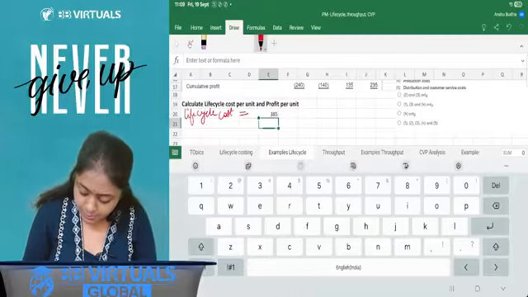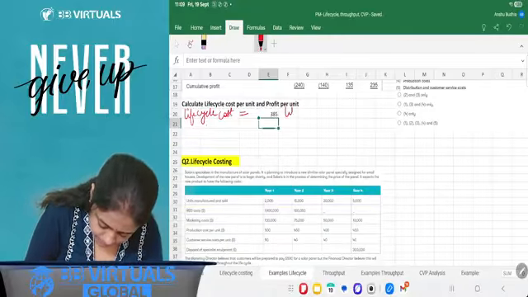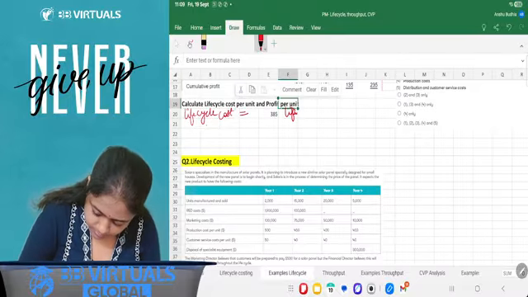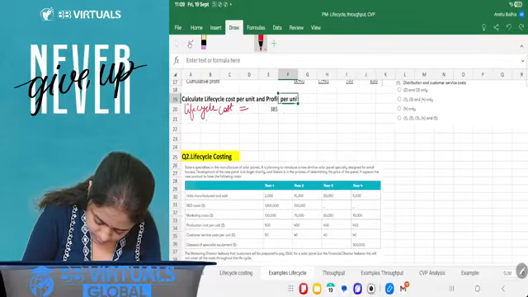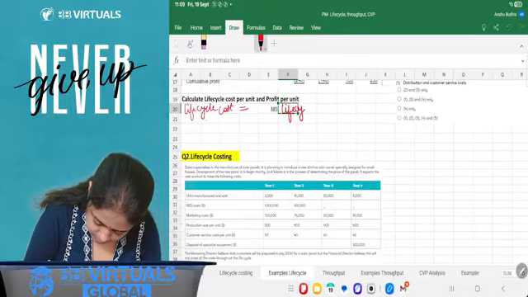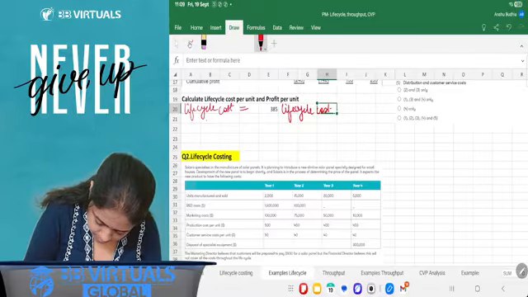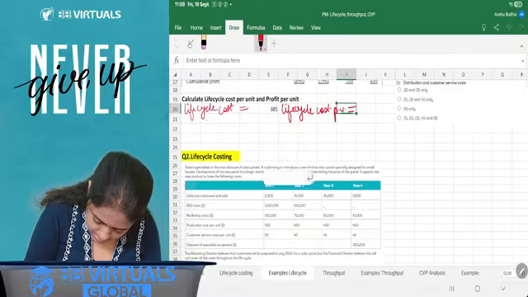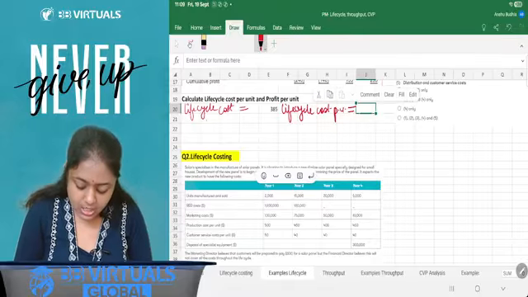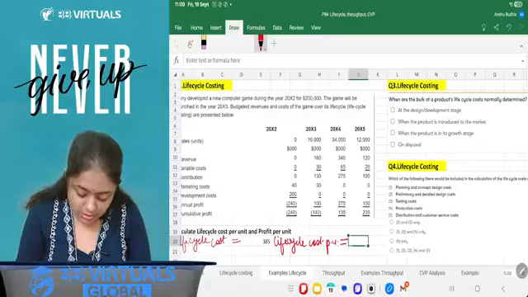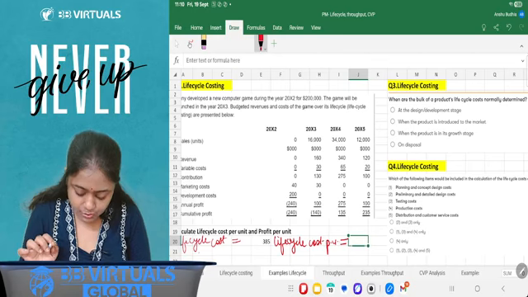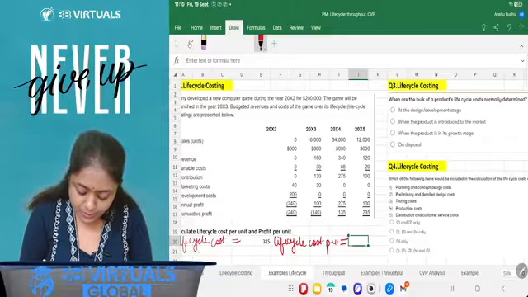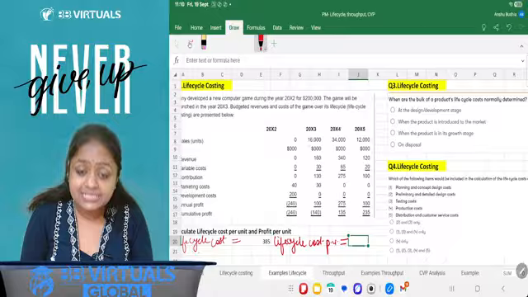Now let's get the cost per unit. So life cycle cost per unit will be, you divide it by the number of units. Total number of units are given here, 16,000, 34,000, 12,000. So 16 plus 34 plus 12, which will be 34 plus 12 is 46 plus 16, 62.